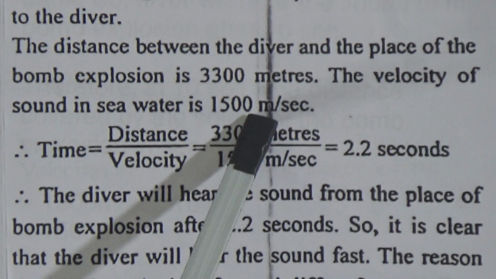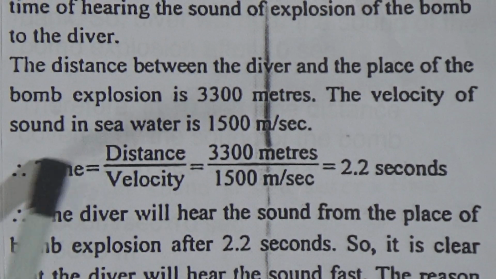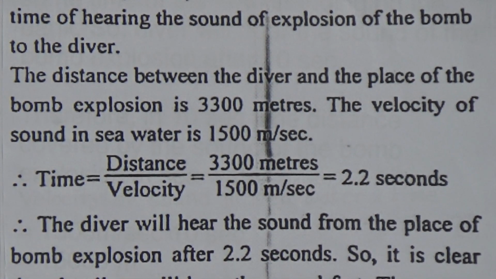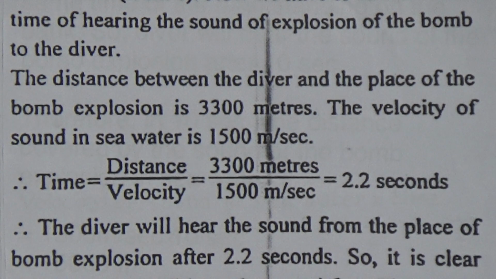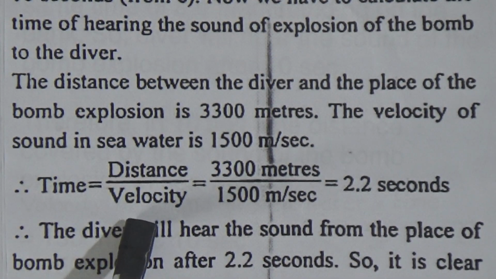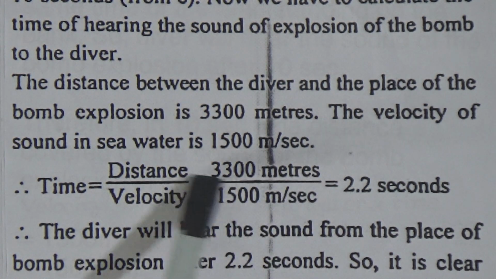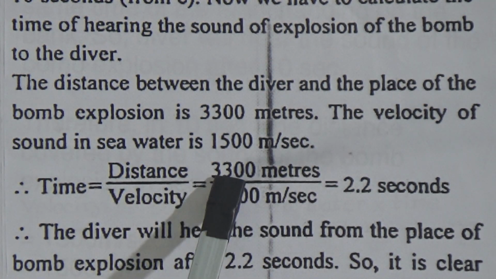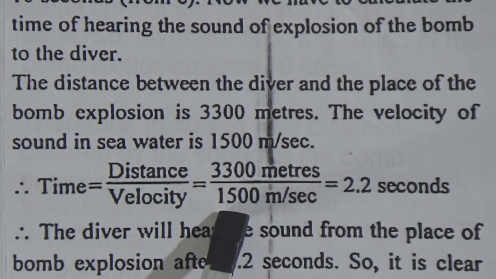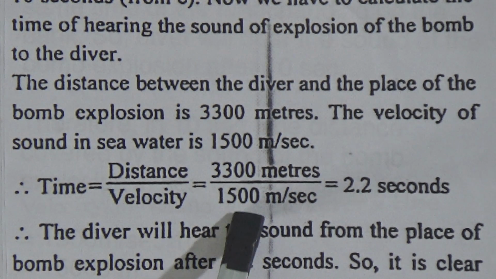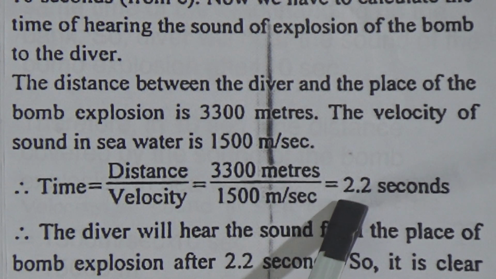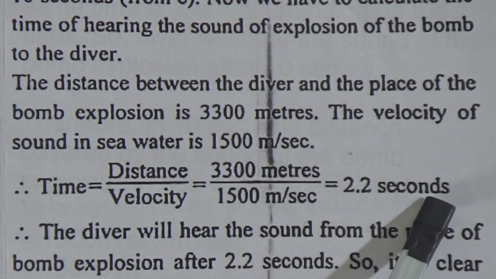If we calculate this the same way, like we know distance equal to velocity into time, and then we will find time equal to distance by velocity. If we place these values, distance is 3,300 meters by velocity 1500 meter per second. If we calculate this, then we will find the answer is 2.2 seconds.